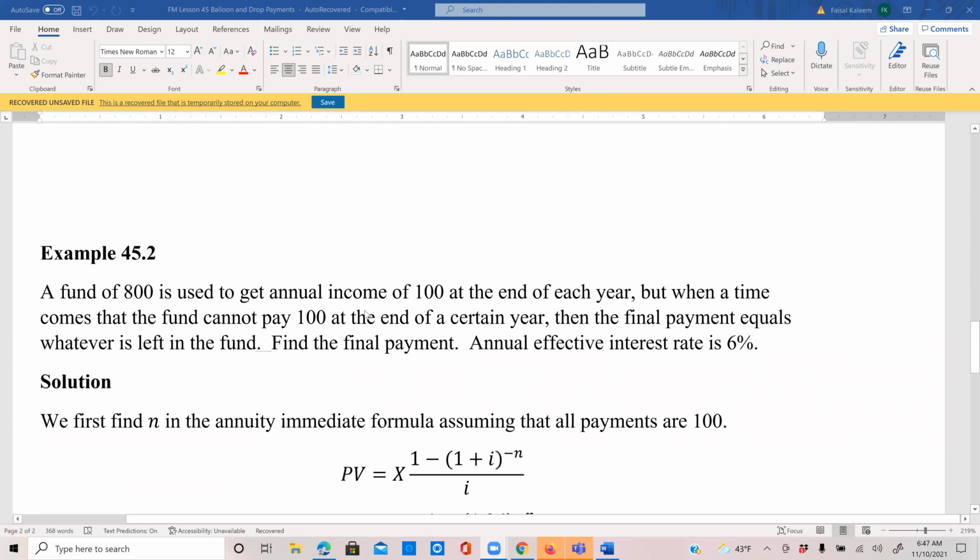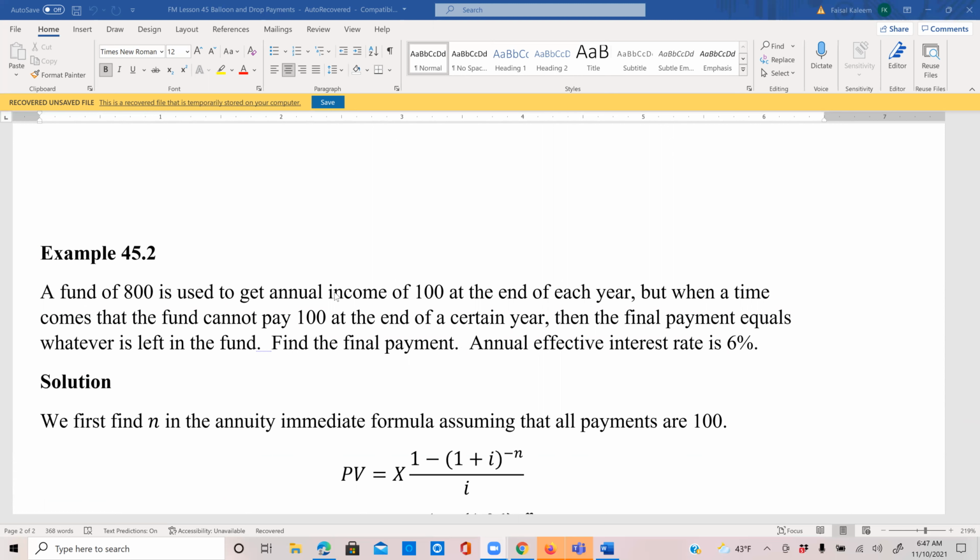So I've basically recreated the same scenario. This time, instead of a loan of 800, I have a fund of 800, and instead of repaying the loan, you're using that fund to get an annual income of 100 at the end of each year. So that part is still the same as far as the annuity is concerned.